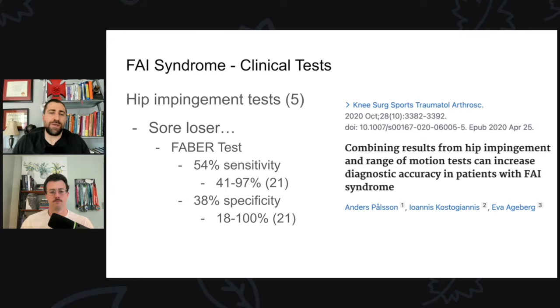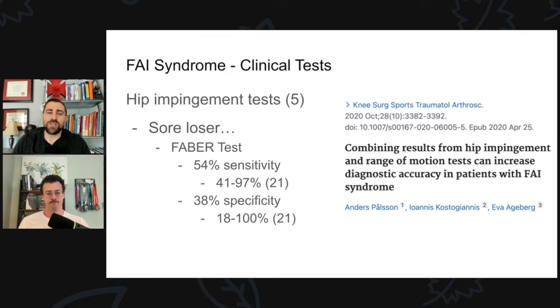In terms of hip impingement tests, at least in this study, one of the sore losers was the Faber test. And I wanted to bring this up because I think every physical therapy program in the United States at least teaches the Faber test, right? As one of those tests you use to kind of rule in FAI syndrome. And it had a pretty low sensitivity at 54% and an even lower specificity at 38%, which is not great, obviously.